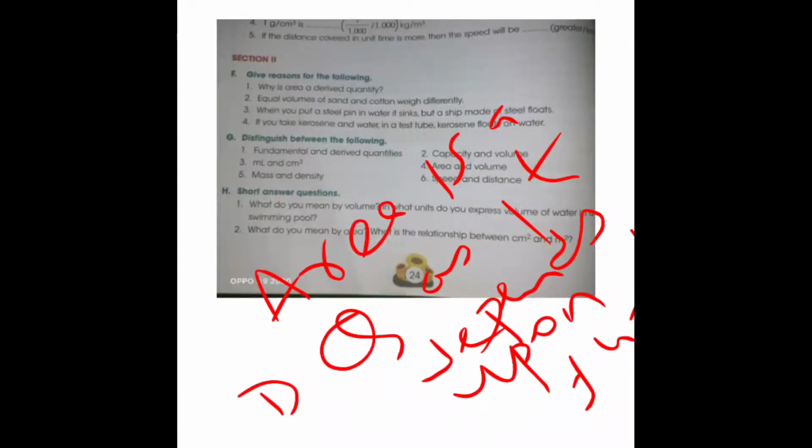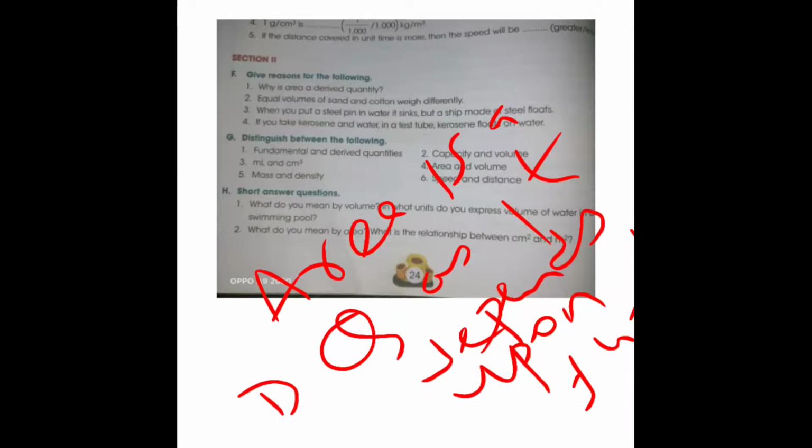Just in short form I have written so that you can see and write. So you will note down this answer. Area is a derived quantity as it depends upon fundamental quantities, that is length, i.e. length. At last you write like this.